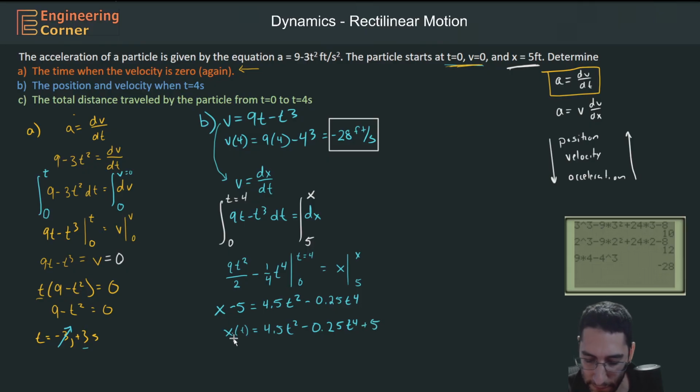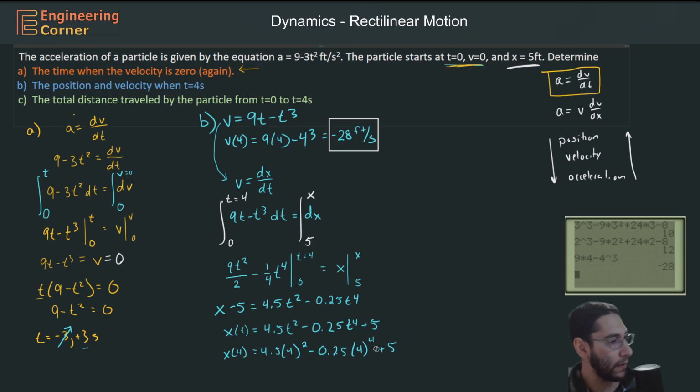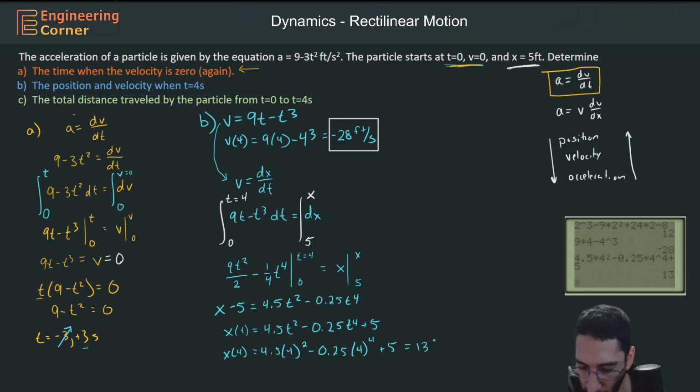And at t is equal to 4, I just need to plug in whatever 4 is. So x of 4 is 4.5 times 4 squared minus 0.25 times 4 to the 4th plus 5. And I get that this is equal to 13 feet. So that is my position after 4 seconds.